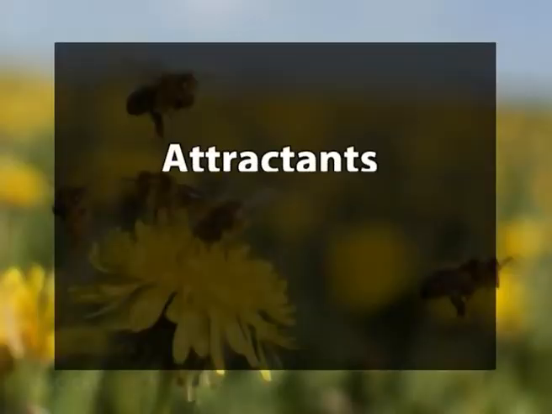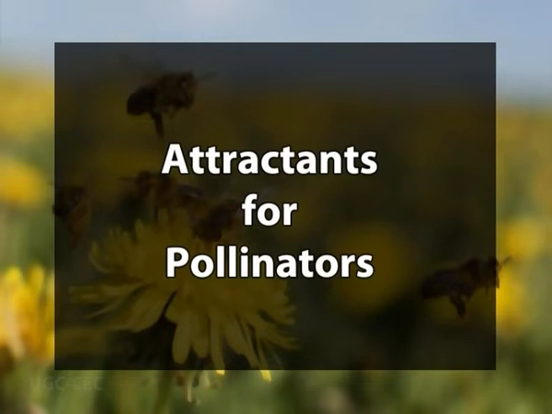Let us first talk about the attractants or flower attributes which attract the pollinators. The various attributes of the flowers which are aimed at somehow gaining the attention of other organisms, pollinators, and enhancing their temptation to visit them again and again are called attractants.